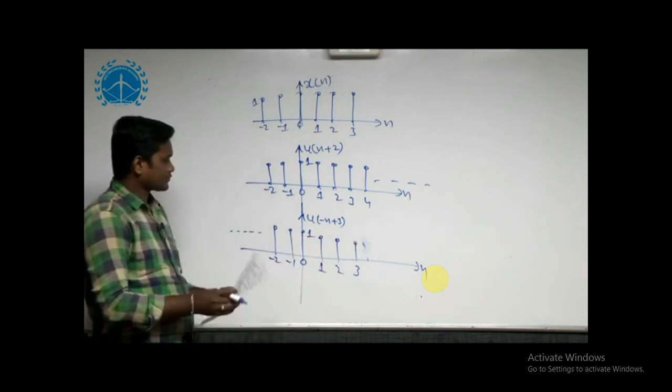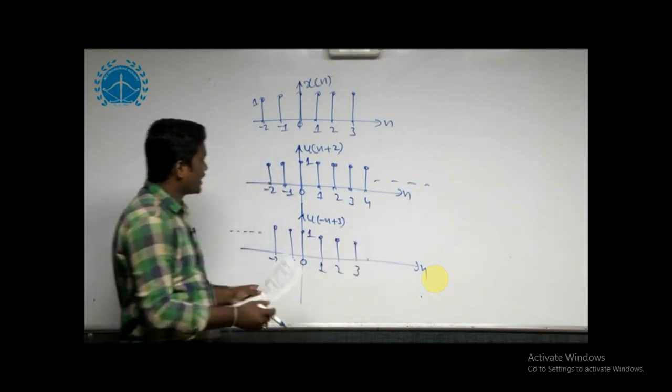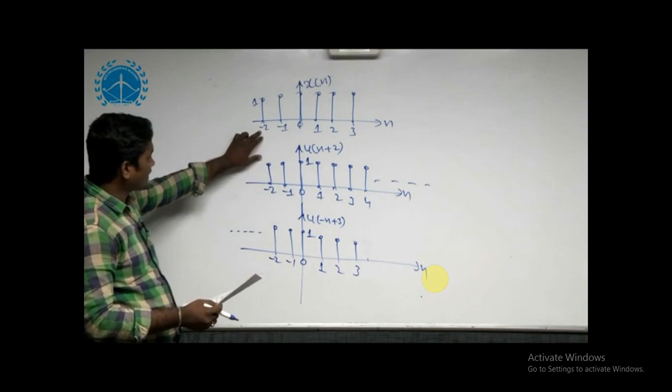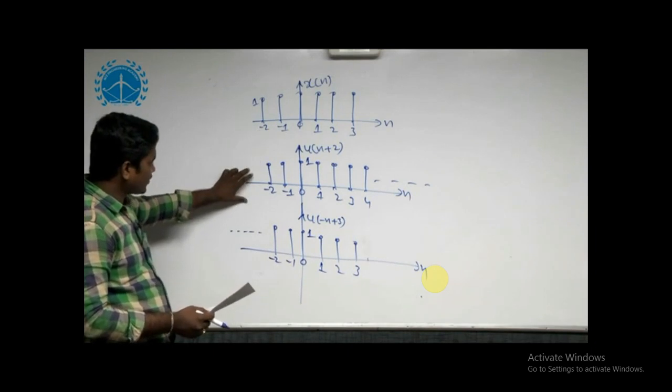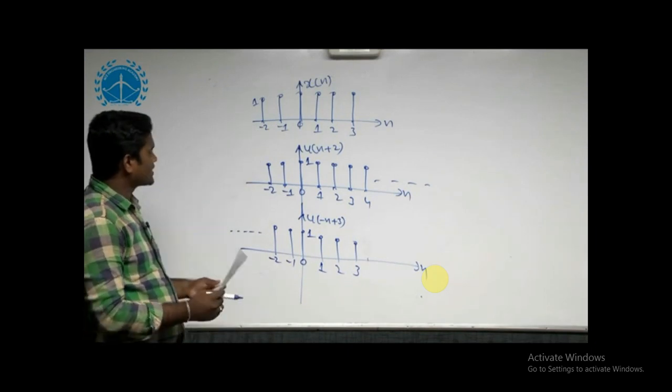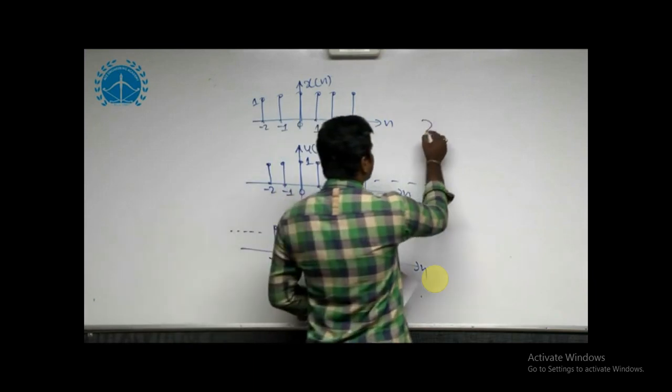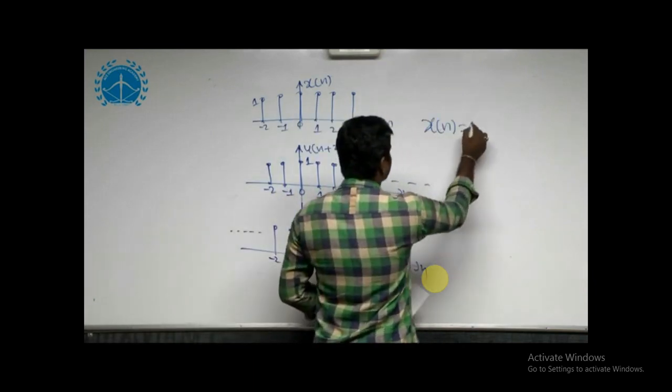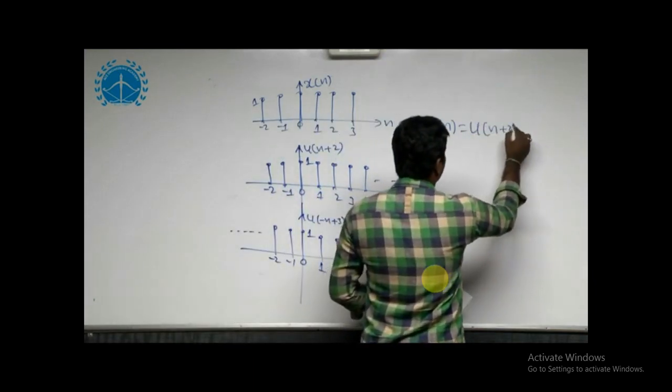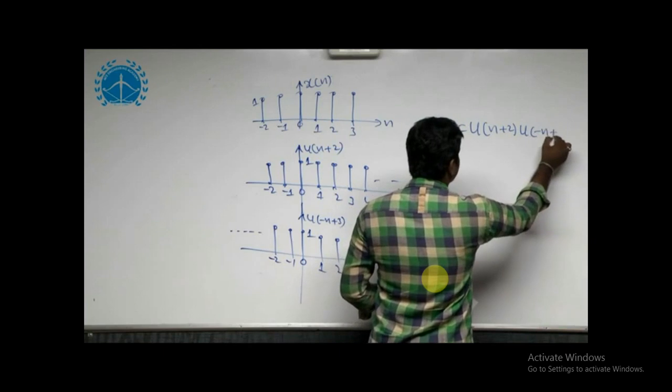Once you observe these two plots, the given signal is extending from -2 to 3. This is possible only in the case of multiplication. So the resultant signal is x[n] = u[n+2] · u[-n+3].